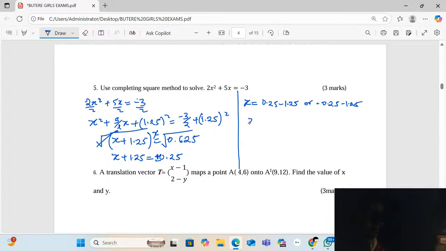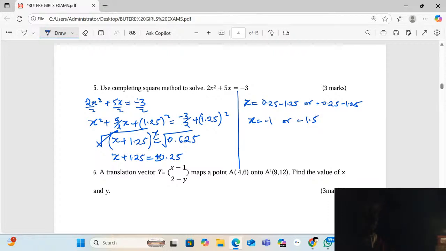So our x becomes, when you subtract, you're going to get negative 1, or negative 1.5.